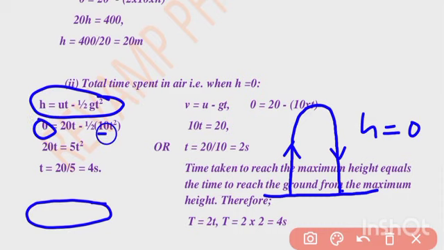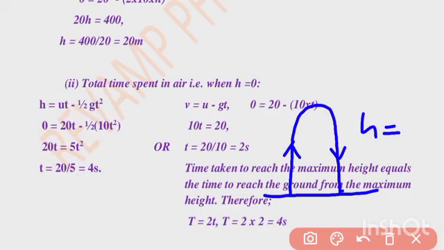Substituting all this into this equation, we arrive at 20t equals 5t squared. Taking t away from both sides, we have t equals 20 divided by 5, and our time will be equal to 4 seconds. That is the time taken for the object to move vertically upward and come back to the projection plane, equal to 4 seconds.